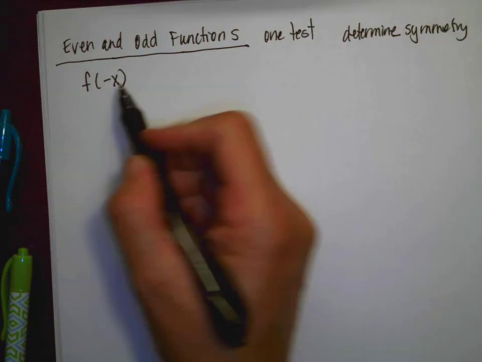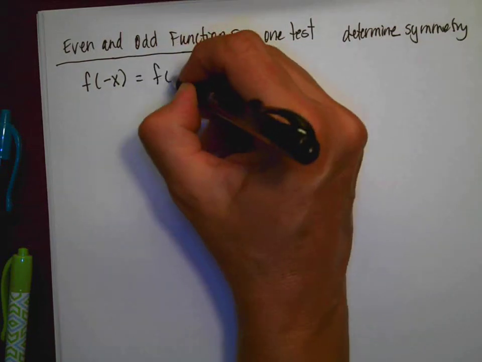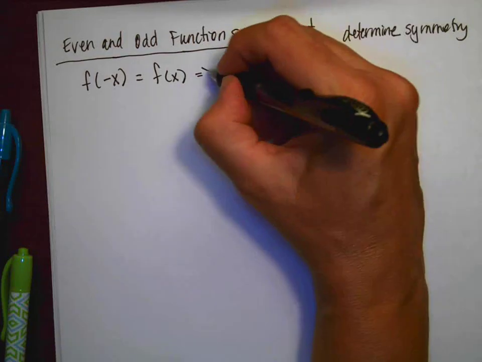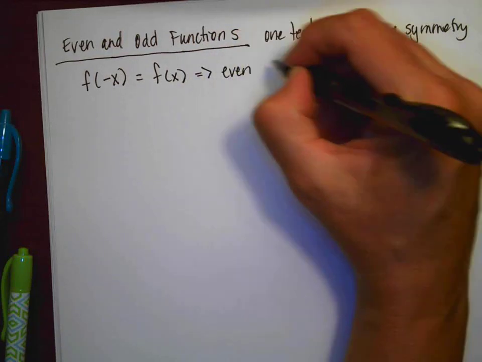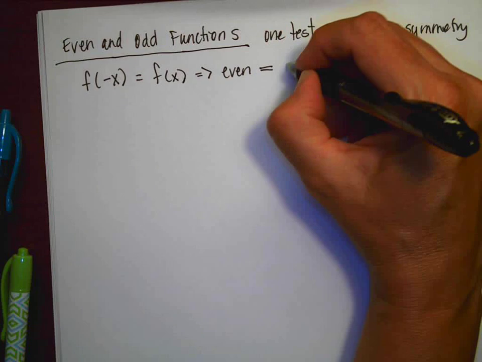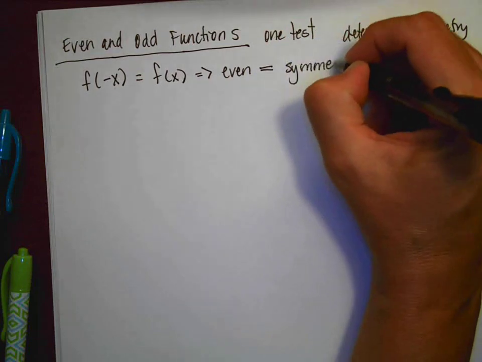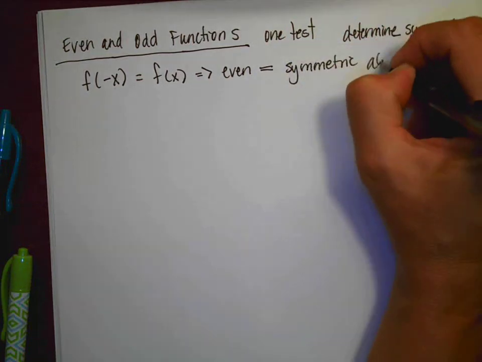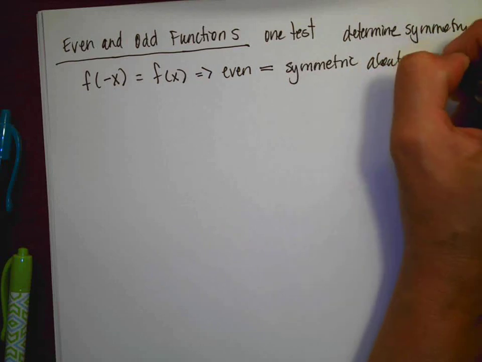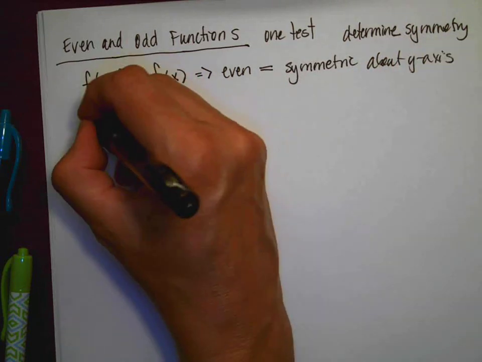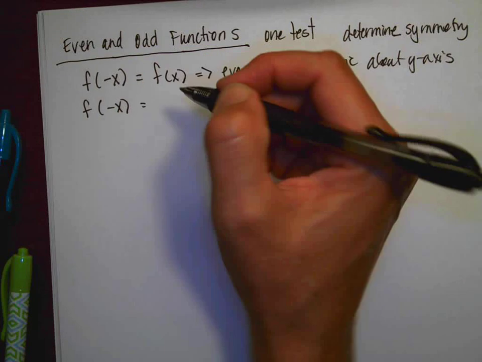And so to determine symmetry, we run a negative x through the function. If I get the original function, then it is an even function, which also means it is symmetric about the y-axis.